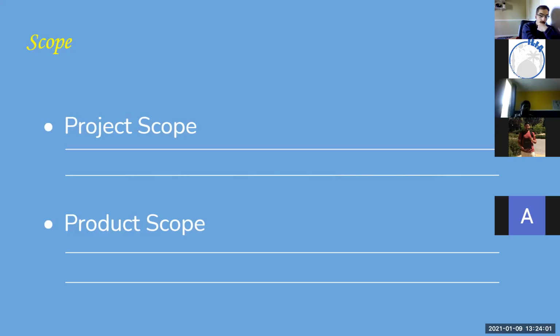The project scope is the work and management needed to make that deliverable real, which means your cost, your timeline, and the quality or grade of that work.